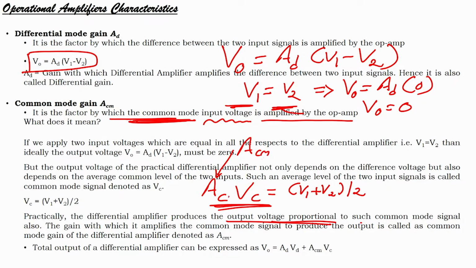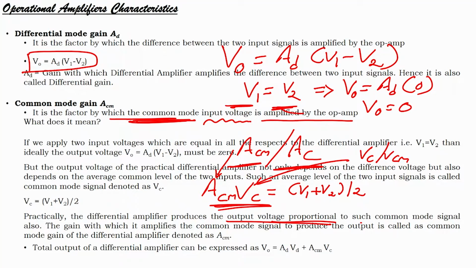I can say ACM, I can also say AC, common mode gain. This is the common mode voltage, Vc or Vcm.